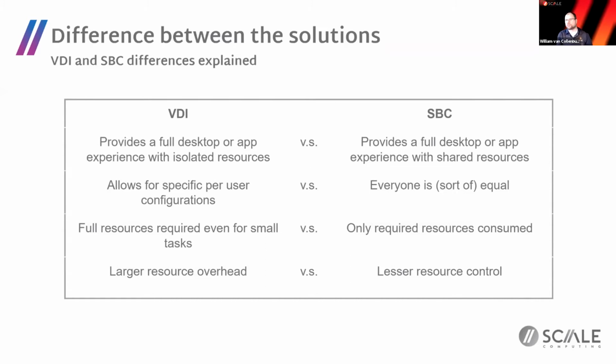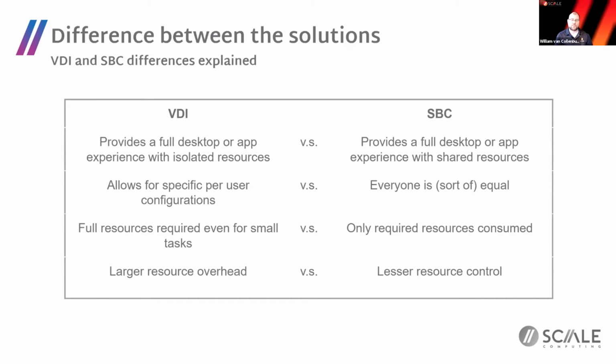So with server-based computing, I set up an RDS host or a terminal server or whatever you want to call it, and I provide a full desktop or an application. Keep in mind that with both solutions, we either provide full desktops or applications, but then with shared resources. In other words, multiple users, usually between 20, 25, 30, log in at the same time on the same entity and share its resources.